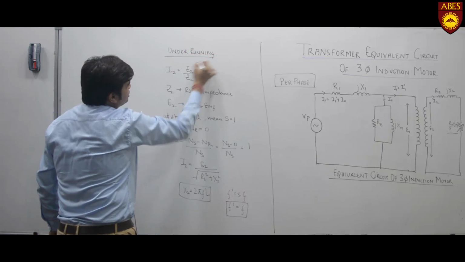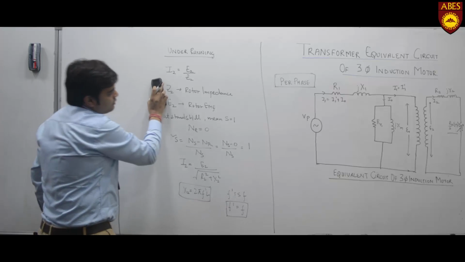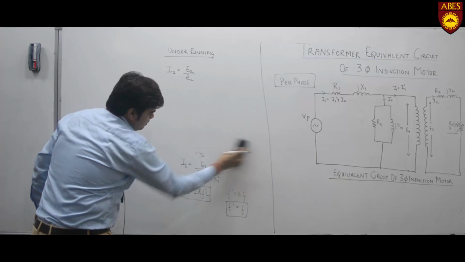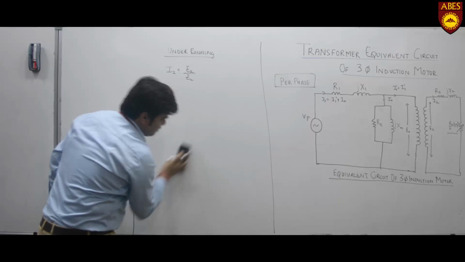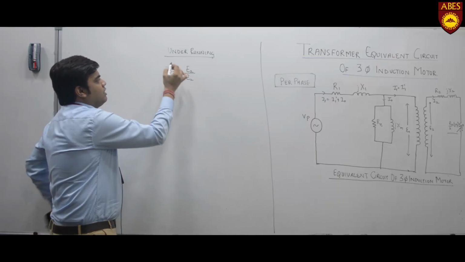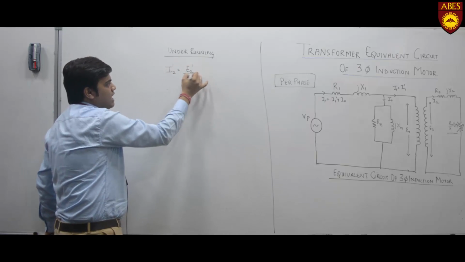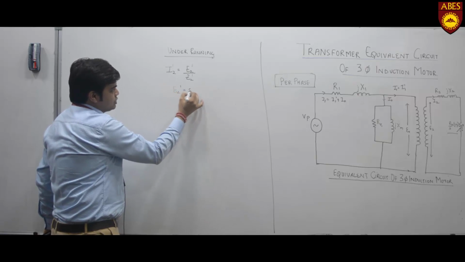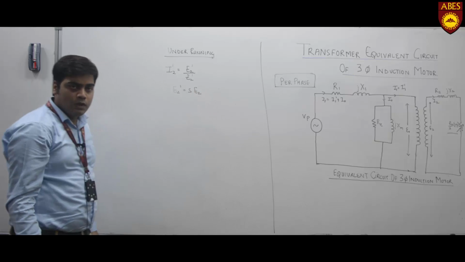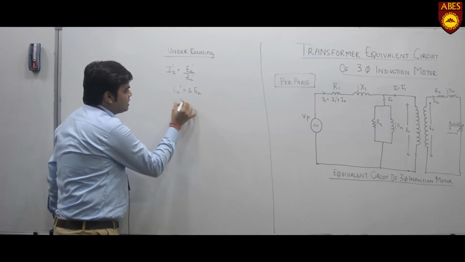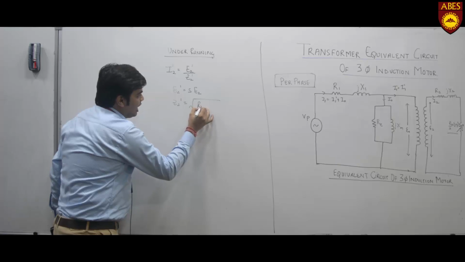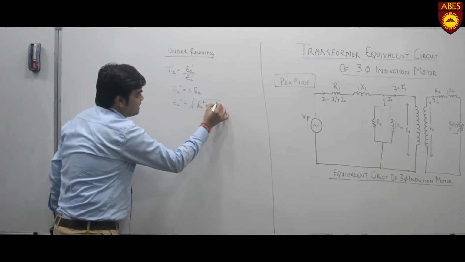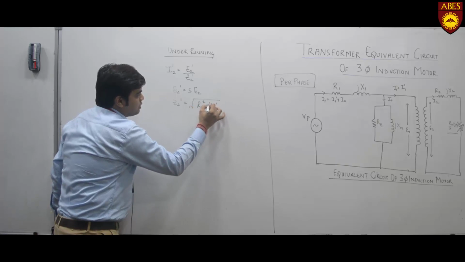Under running conditions, I2 dash is equal to E2 dash upon Z2 dash, where E2 dash is equal to S into E2 and Z2 dash is equal to the square root of R2 square plus X2 dash square.